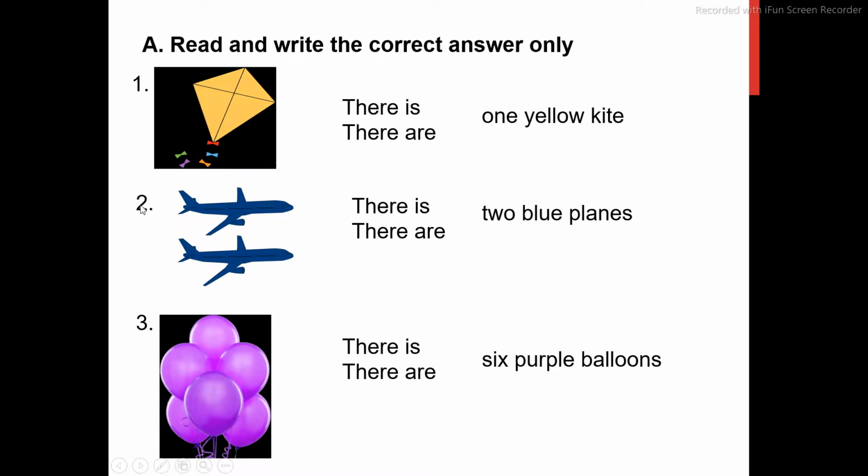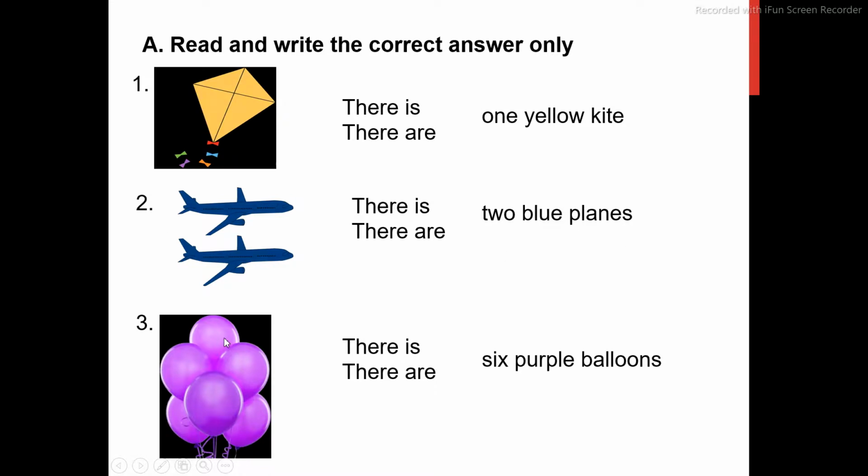Let's look at picture 2. What's happening in picture 2? There are 2 blue planes. Number 2 is a picture of 2 planes, so we've got to use there are 2 blue planes.